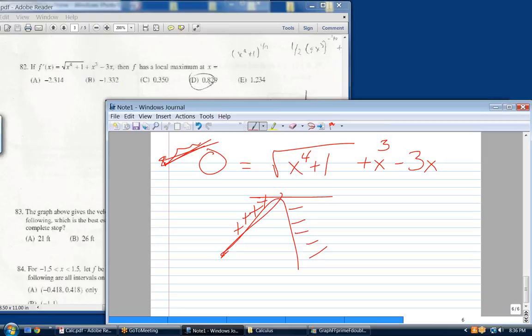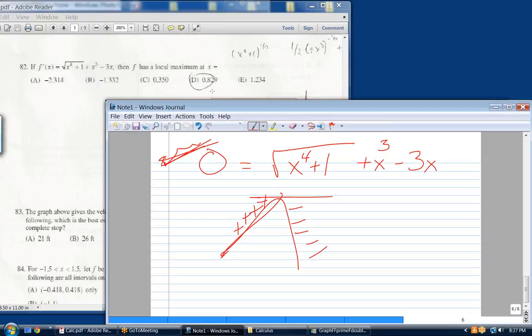So if this is the correct answer, then immediately to the left of this value, we must have positive slopes. We know that at this value, we have a 0 slope. For it to be a maximum, we have to have positive slopes immediately to the left of this value and negative slopes immediately to the right.